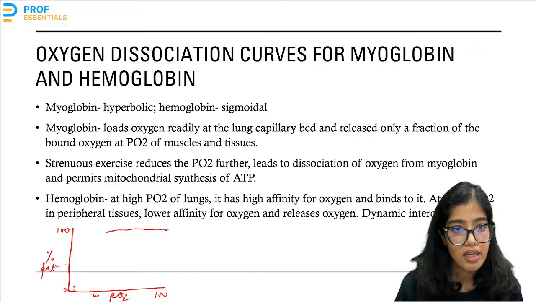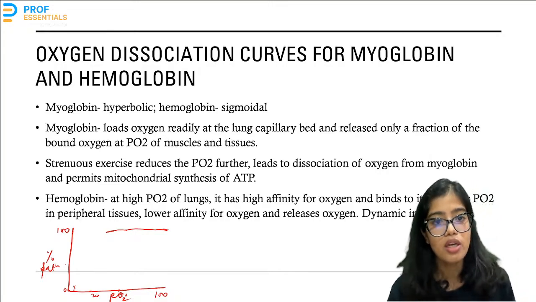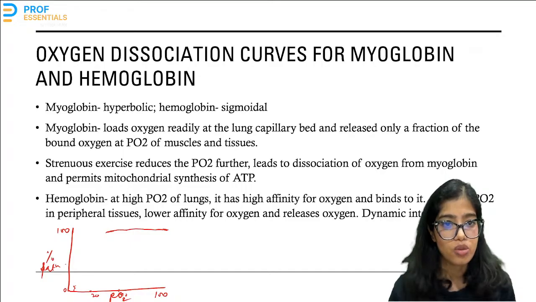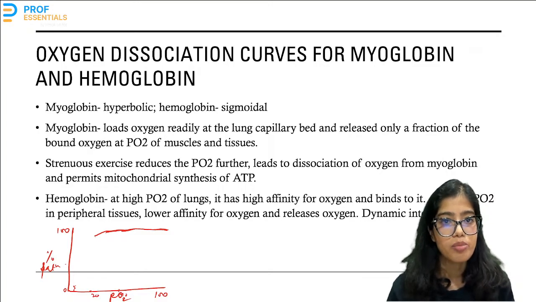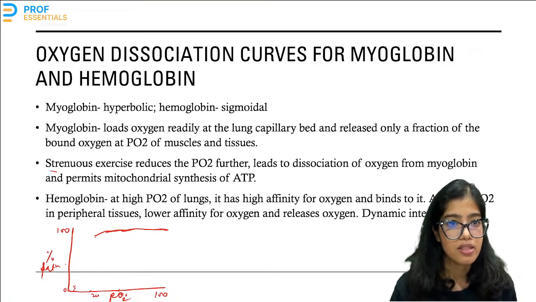So it is getting saturated with oxygen at the level of the lungs, the capillary bed, at 100 millimeter of mercury pressure of oxygen. Even if oxygen is at a lower concentration, it is not going to give off oxygen until a very low partial pressure of oxygen is encountered, that is during strenuous exercise.